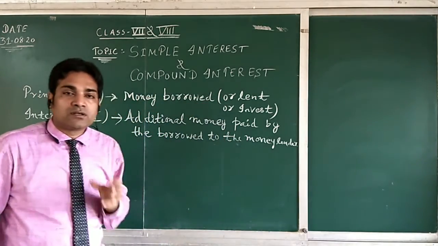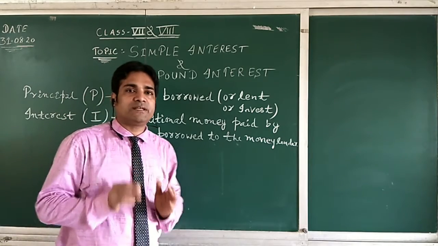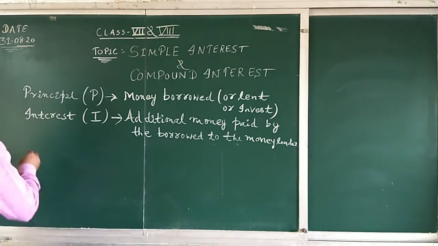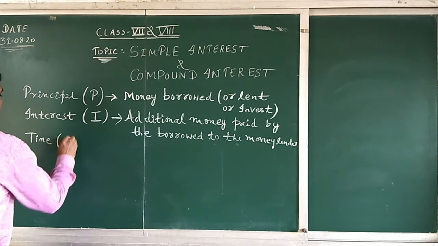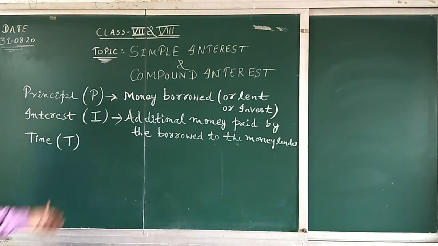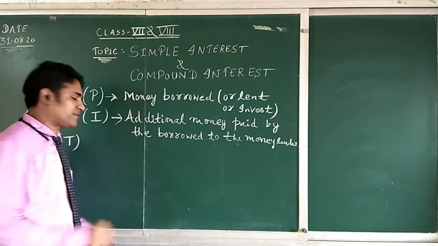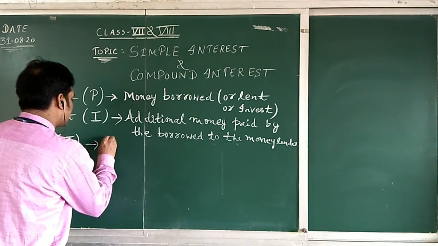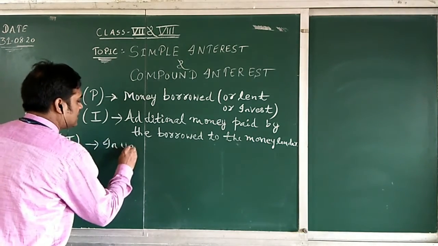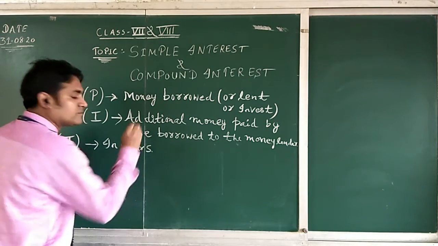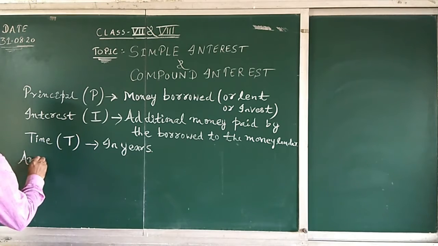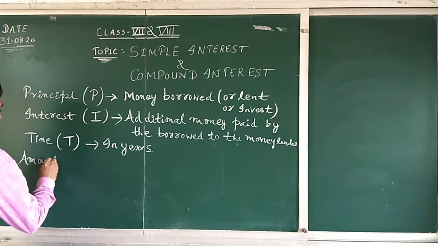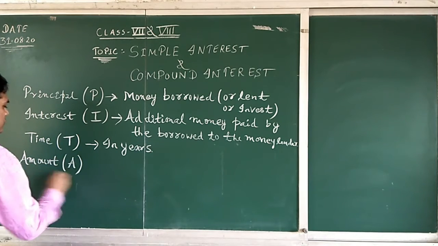Now the third term involved in it is time. Time is always measured in years. And the next term involved in it is amount.